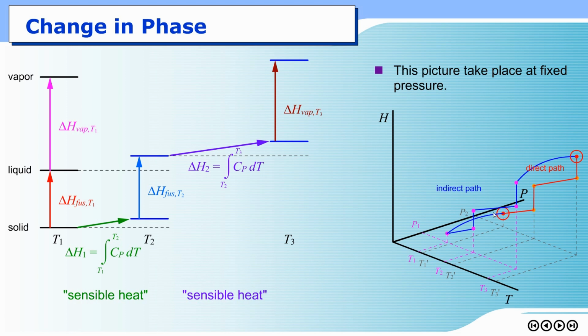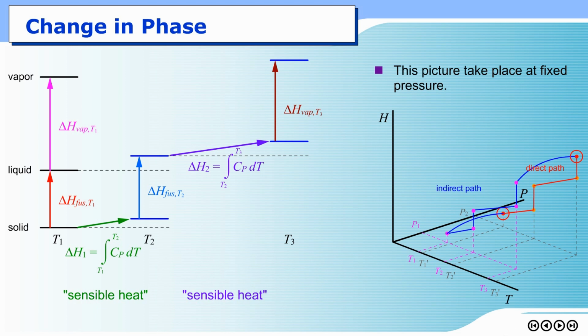The first step is a conversion by changing pressure under constant temperature T1 prime, and then convert by changing temperature from T1 prime to T1 under constant pressure P1. Okay, but if you assume that T1 and T1 prime are very much the same, so this line can be taken as the change in enthalpy under the process of changing pressure. Okay, similar thing would be applied to T3 and T3 prime as well.